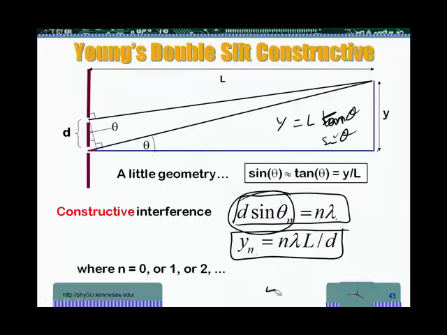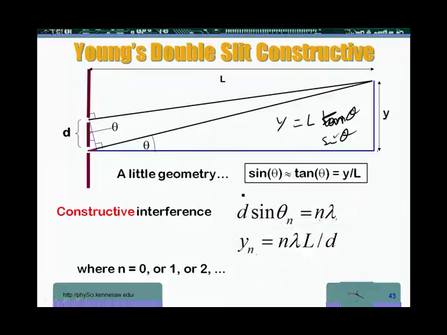Another equation I didn't write here, but that's worth looking into, is the separation between the maxima, which in general is yn plus 1 minus yn: the maximum occurring at the order n plus 1 minus the maximum occurring at the order n.